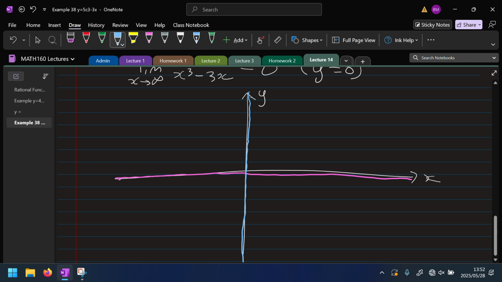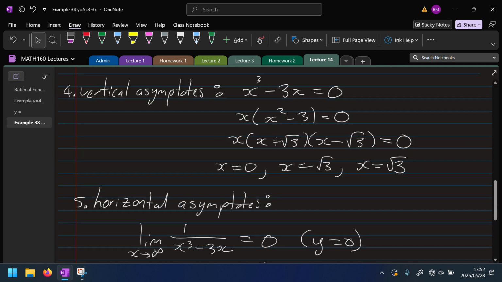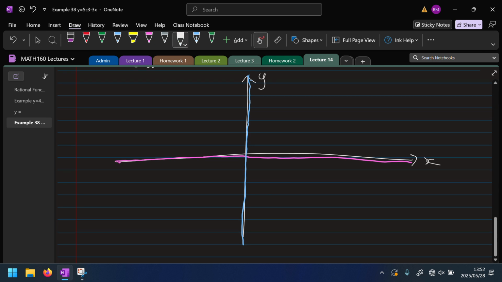So we got those as asymptote lines. We've got another two asymptotes. There's one at x equals minus root 3 and one at x equals root 3. So let's fill those in. For those, we don't need a color. We can just do the dotted line. So this is x equals minus root 3. And then we have the same thing on the other side, x equals plus root 3.